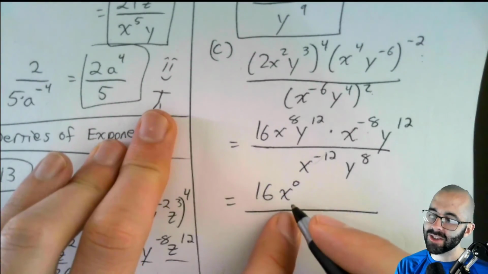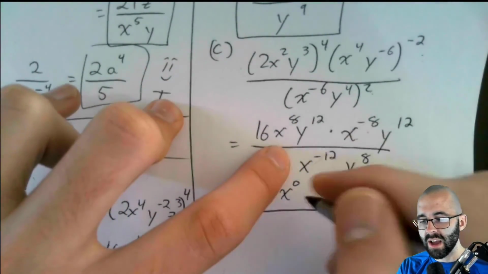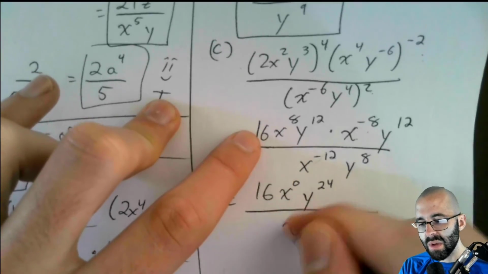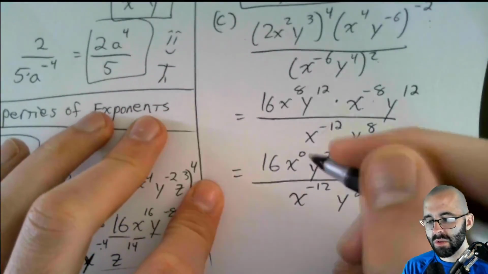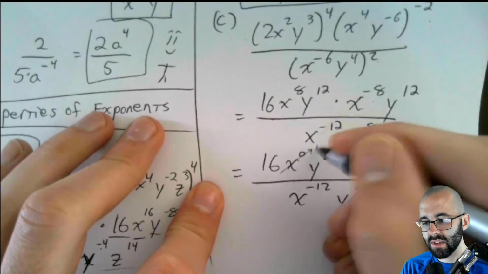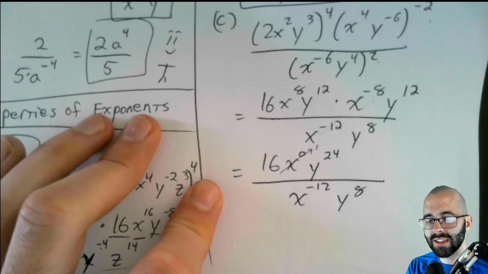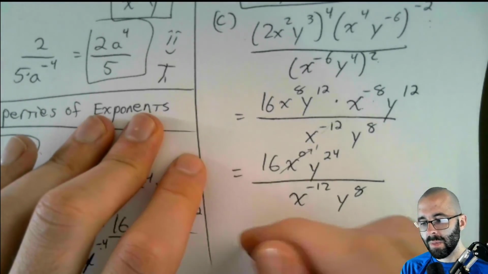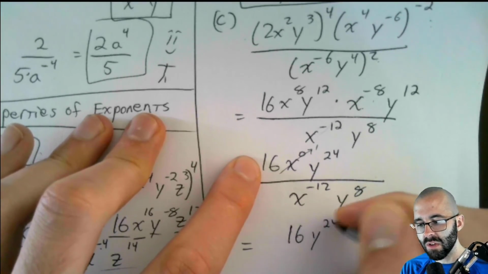X to the 0th is just 1. The y's, y 12th, add them together, y to the 24th. And we'll leave the bottom alone for a bit. So remember that this guy, that's 1. So it kind of cancels itself. It's gone. And now, what do we have? On the top, we just have 16 y to the 24th.